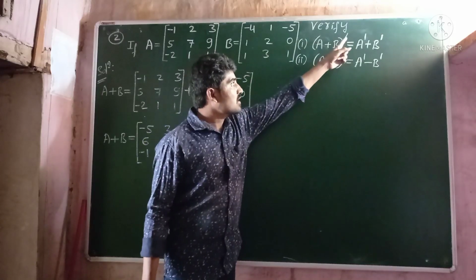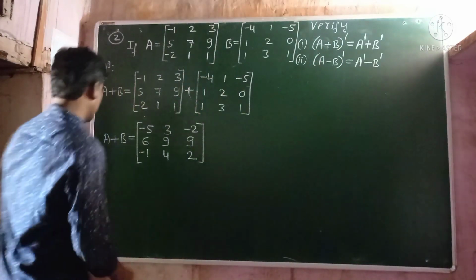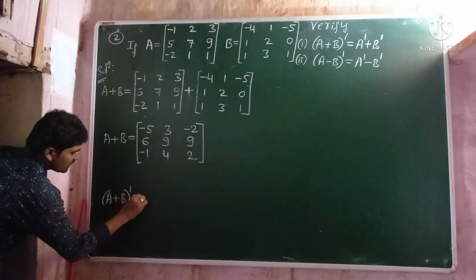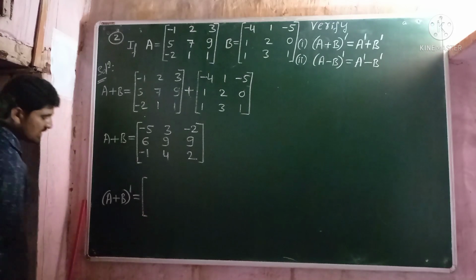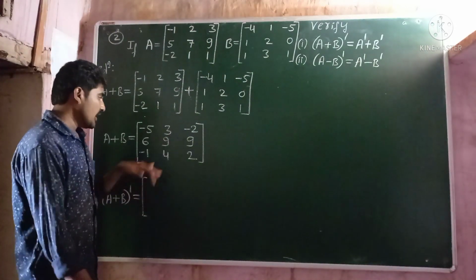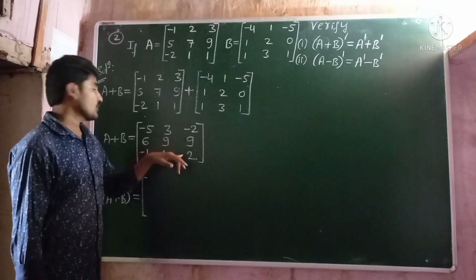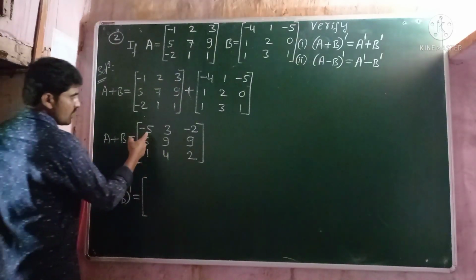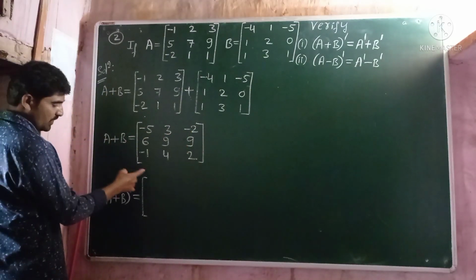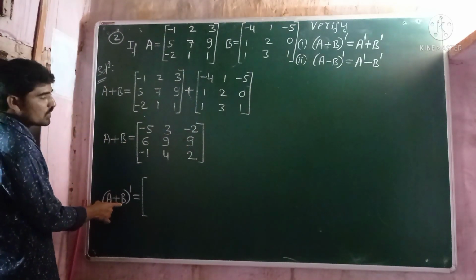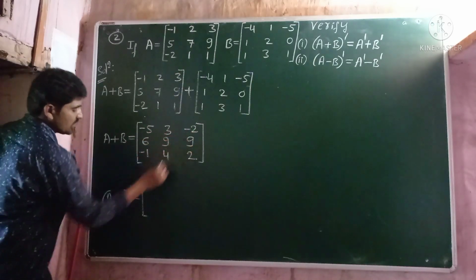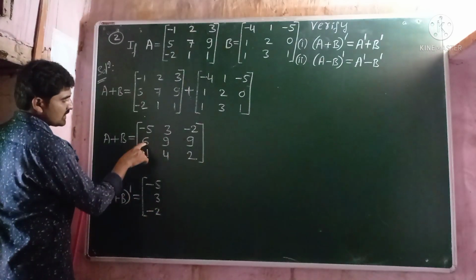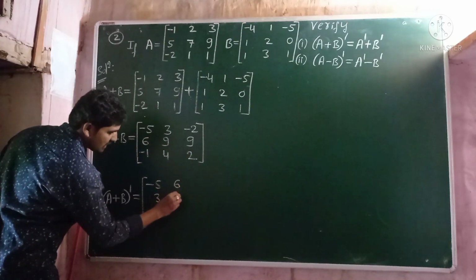And now we need to find the transpose of the matrix A plus B. The transpose of the matrix A plus B is obtained by interchanging rows and columns of the matrix A plus B. It means A plus B whole dash is equal to: first row of the matrix A plus B becomes first column of A plus B whole dash, that is -5, 3, -2, and 6, 9, 9.